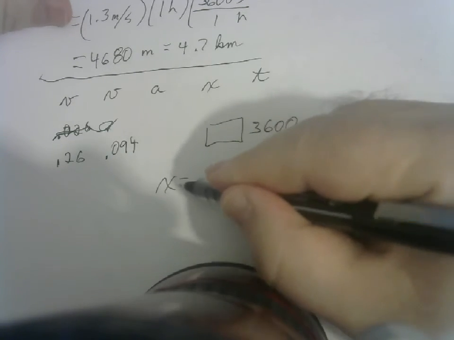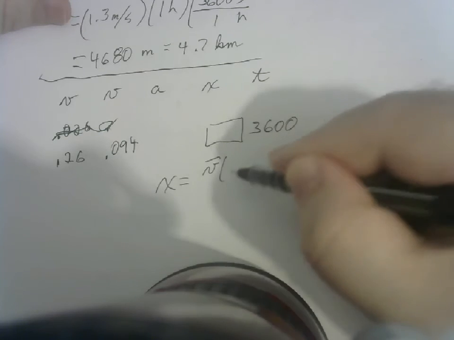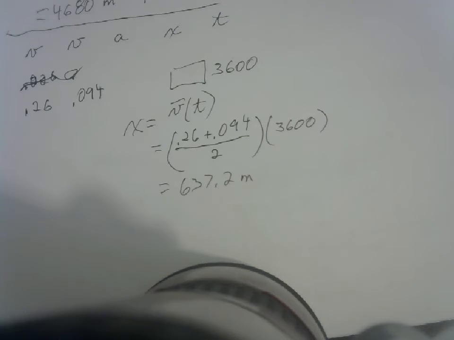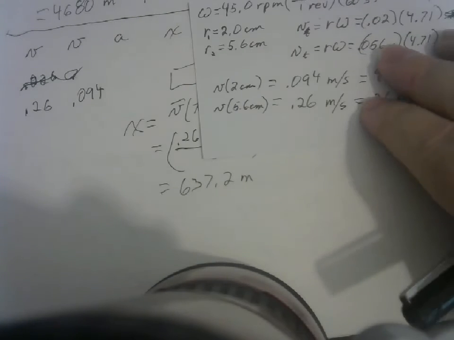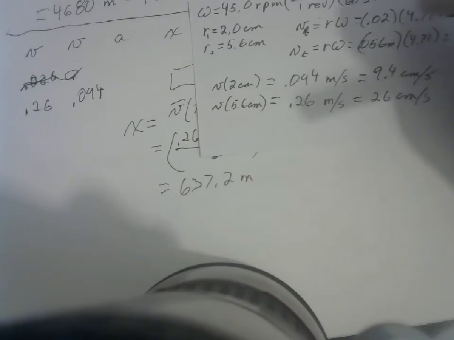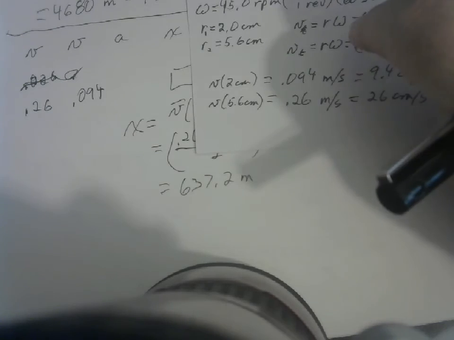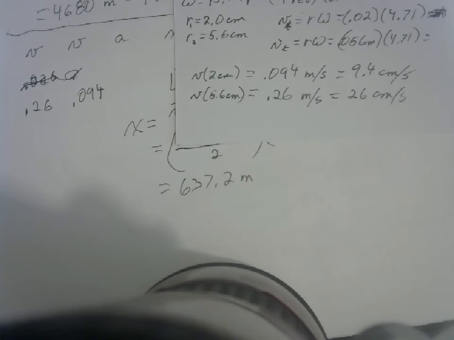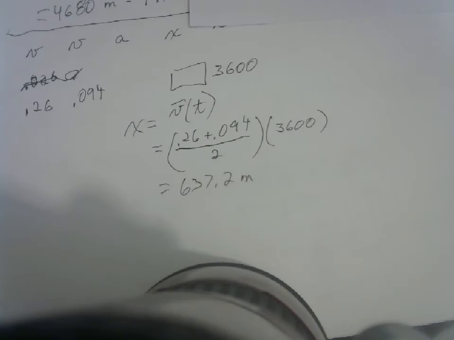It would be x equals average velocity times time, which just comes out to be 637.2 meters. Now, a 45 RPM record doesn't have the same dimensions as a compact disc, so you would need to change what the inner and outer radius were for the compact disc to get the actual distance, but that would give you an idea how long the track length was as far as the method goes.